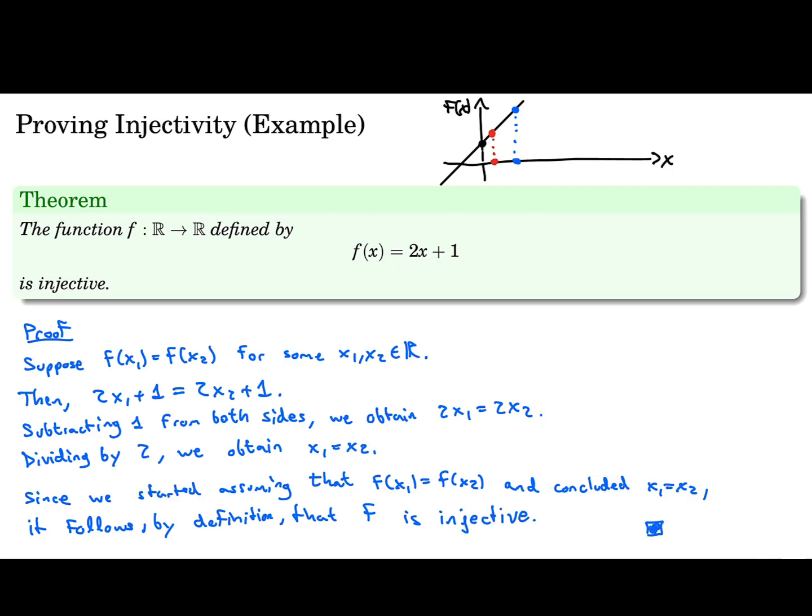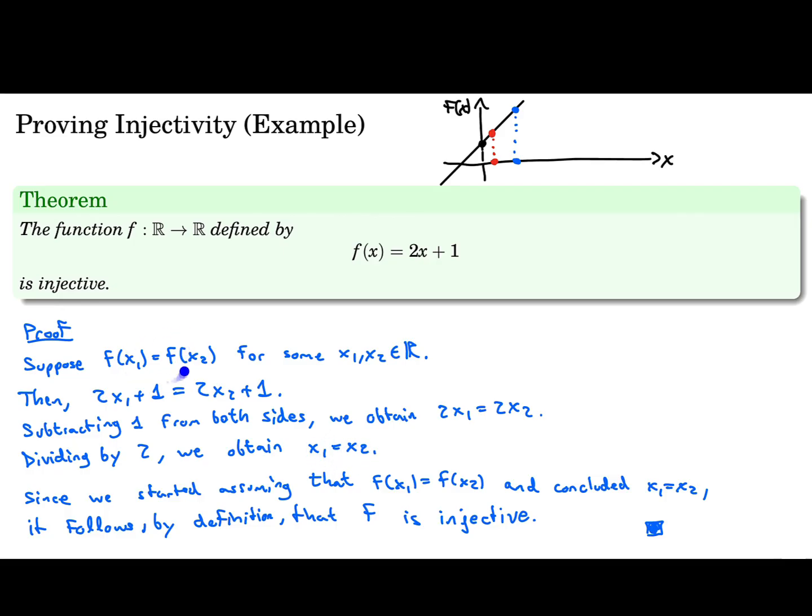Let's take a look at it again and recap. We want to show that this function is injective, and we're doing a direct proof. We need to assume that f(x1) is equal to f(x2) for arbitrary x1 and x2, and then we need to conclude that x1 is equal to x2.